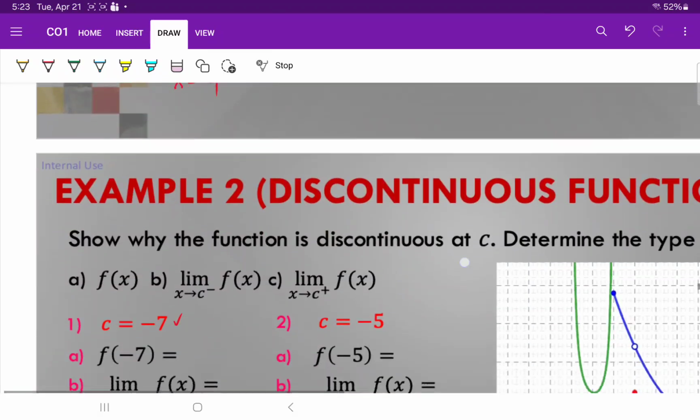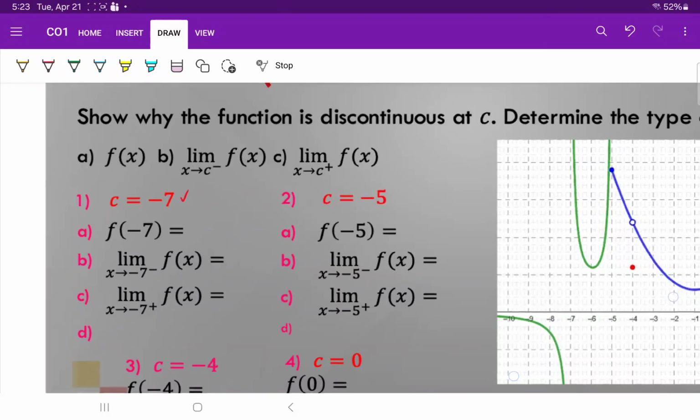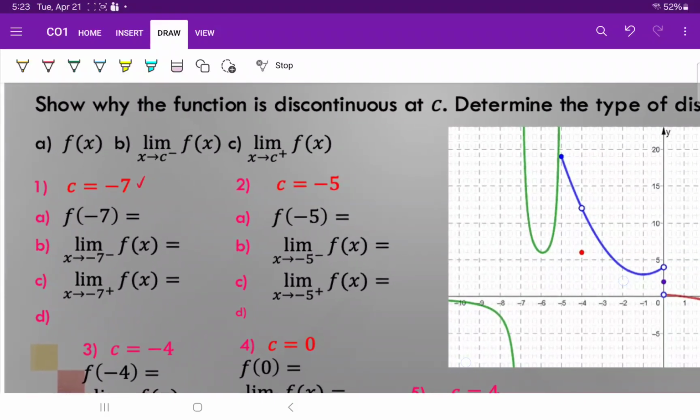But how do we show it's discontinuous at c equals -7? Okay. So, if you want to solve for f of -7, what is the value of f of -7? How will you solve for f of -7?